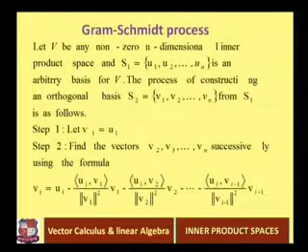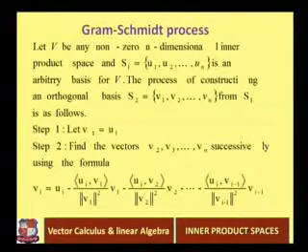Procedure to convert any arbitrary basis to an orthogonal basis: let V be any non-zero n-dimensional linear inner product space, and S1 = {u1, u2, ..., un} is an arbitrary basis for V. The process of constructing an orthonormal basis S2 = {v1, v2, ..., vn} from S1 is as follows. Step 1, let v1 equal u1, and step 2, find the vectors v2 up to vn successively using the formula.